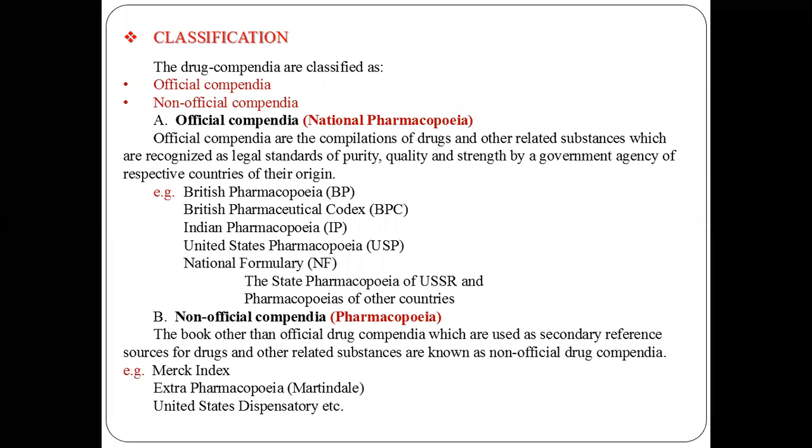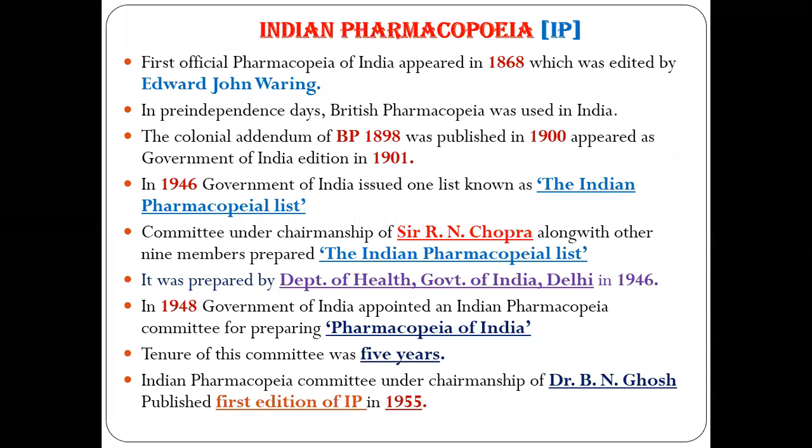But we give the first preference to the official pharmacopoeias, and then if required, we refer to the non-official pharmacopoeia. Only in the official pharmacopoeia there is huge, very broad information, but in case of non-official compendia, a little bit smaller information is available compared to the official pharmacopoeia.